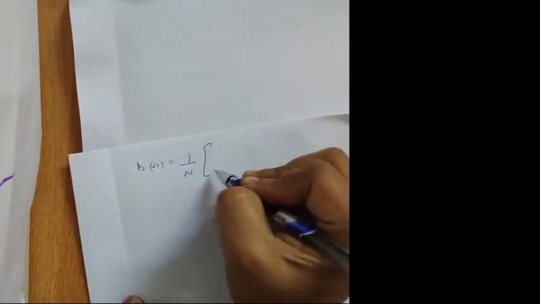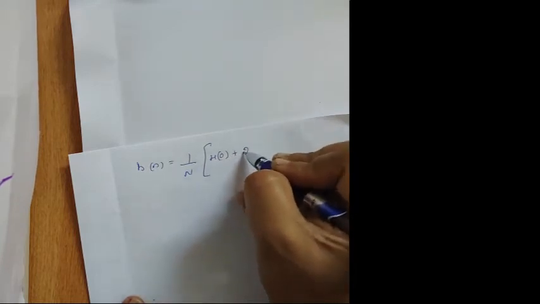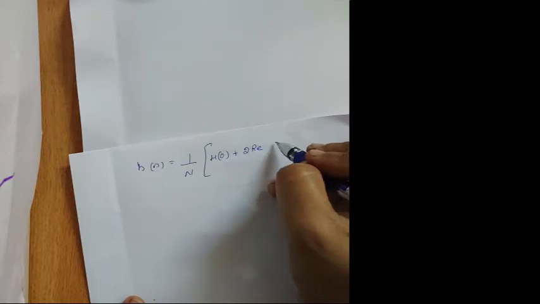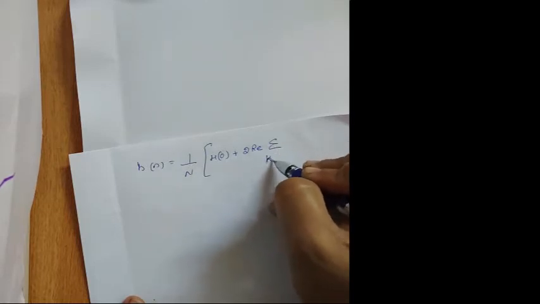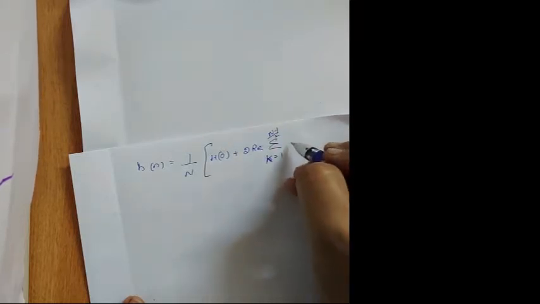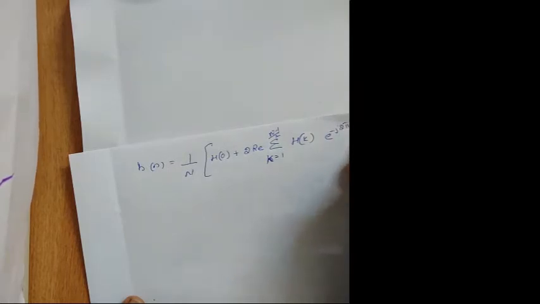Now you are substituting this into your main equation. That is given as h of n is equal to 1 by N [h of 0 plus 2 real term, here only you are taking the real term, so that's why you are getting Re, summation k is equal to 1 to (N minus 1) by 2 of h of k e raised to minus j 2π n k by capital N].